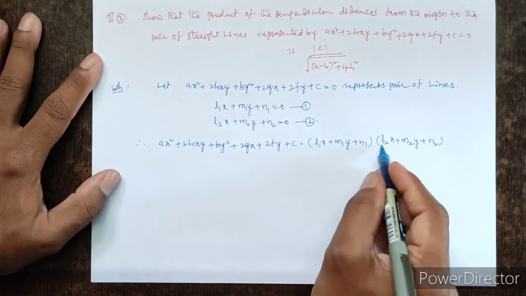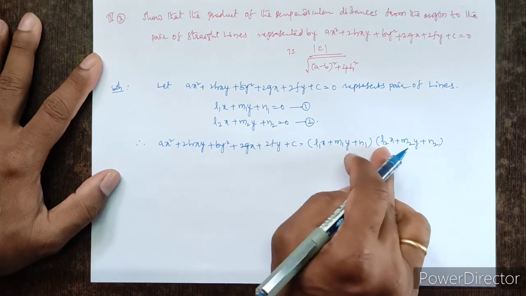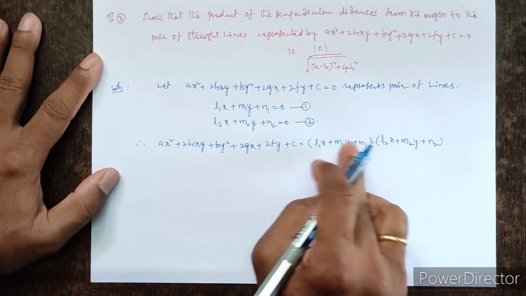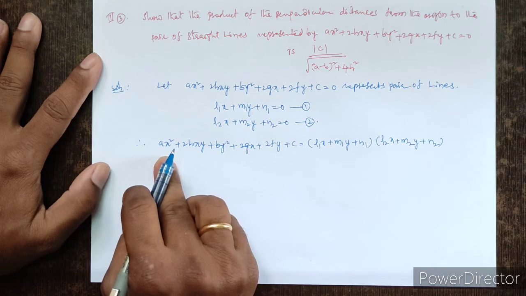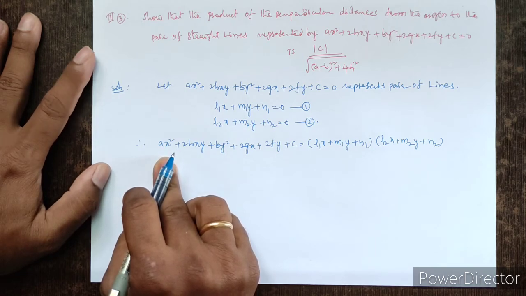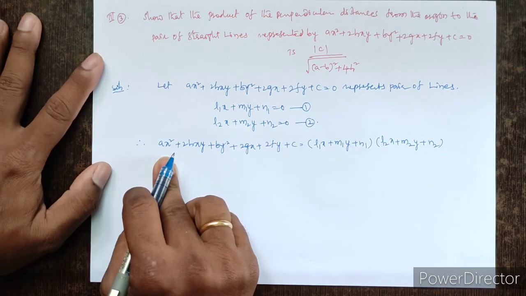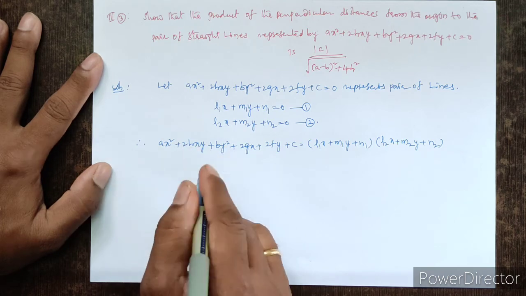So the product of these two lines, and then we compare the coefficients of x square, xy, y square, x and y, and the constant terms on both sides.